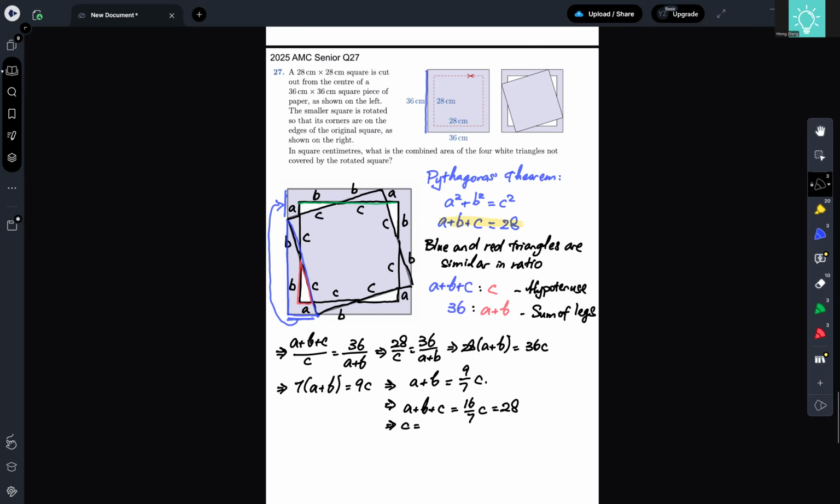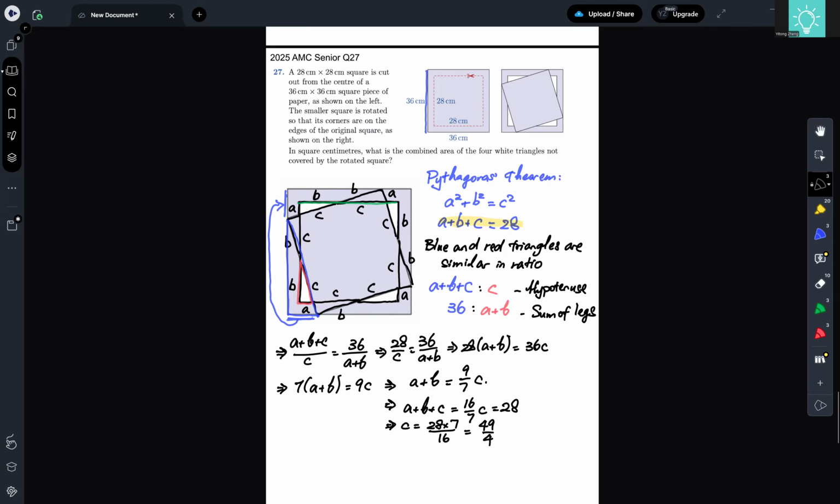So 16C is 7 times 28. C would be 28 times 7 over 16. I'm going to divide top and bottom by 4. So that's 7 times 4 times 7 over 4 times 4, so that 4 cancels out. 7 times 7 over 4. C is equal to 49 over 4.